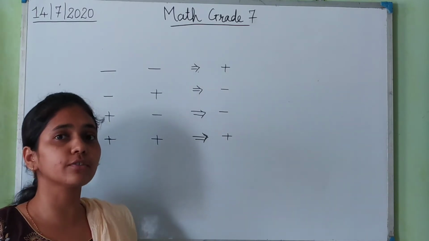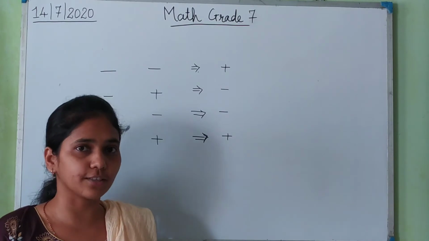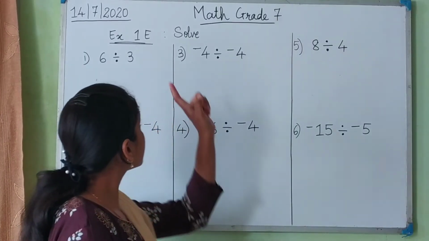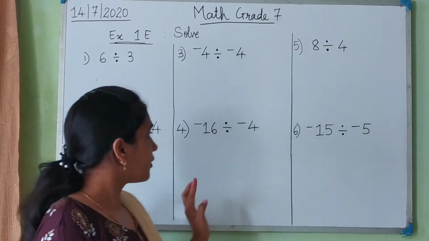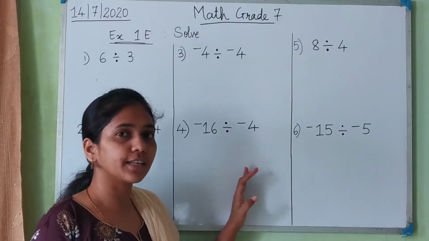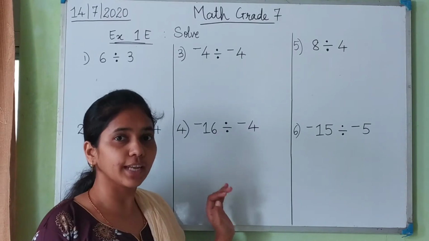We are going to see how to divide numbers with negative signs. Today we are going to do exercise 1E of the first chapter. These are all division sums, because we are studying how to divide numbers with negative signs.